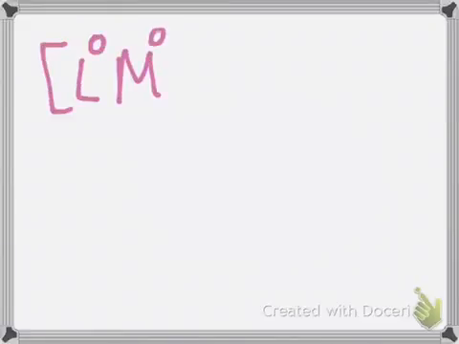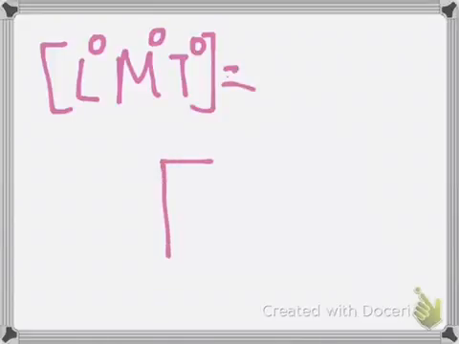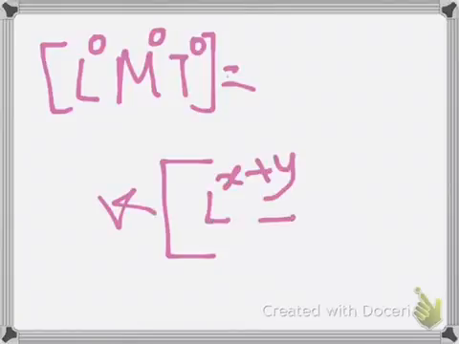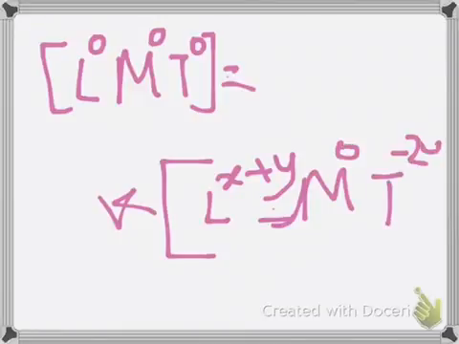So basically on the left hand side we still have time, and on the right hand side we have L to the power x plus y, into M0, which remains 0, and T to the power minus 2y.